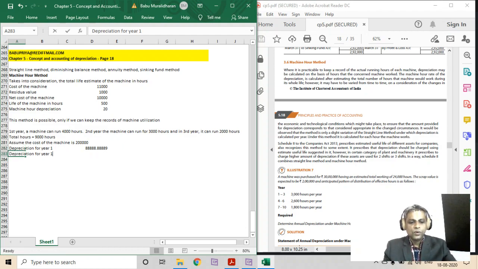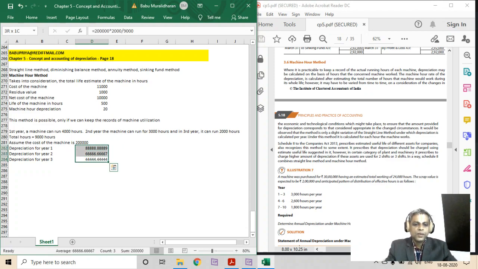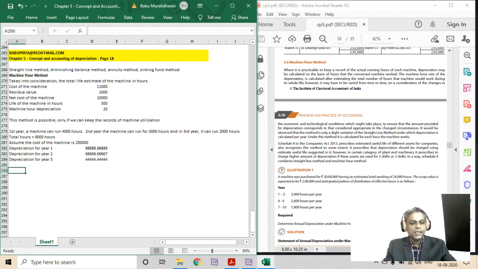For year 2 it will be 2 lakhs into 3,000 divided by 9,000, and for year 3 it's going to be 2 lakhs into 2,000 divided by 9,000. So the total depreciation that will be charged in year 1, year 2 and year 3 will be this amount, right? This is how the machinery depreciation will be calculated under the machine hour method.